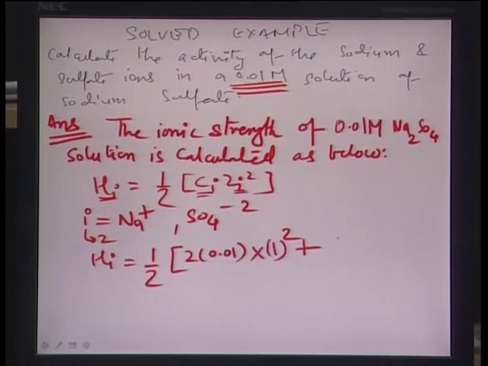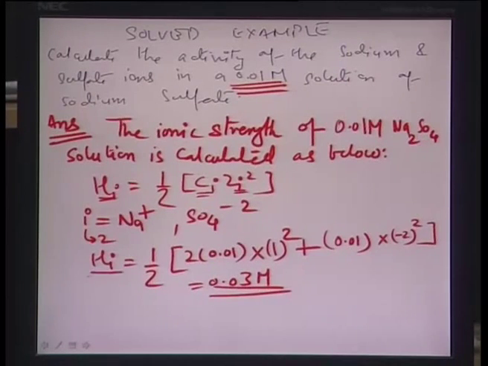So, you have a concentration of 0.01 molar times the square of the charge, which here is -2, because sulfate is a bivalent ion. So, this comes out from calculations to be equal to 0.03 molar.